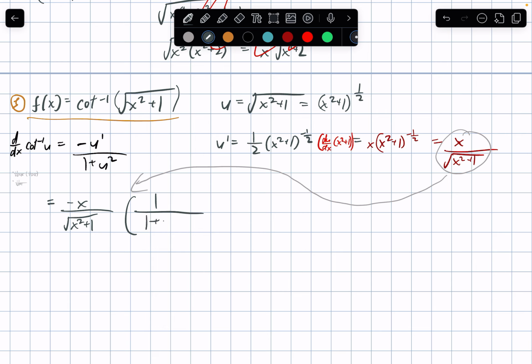So it's going to be 1 over 1 plus u raised to 2, such that u is (x squared plus 1) raised to 1/2, and then raised to 2 is going to be times 2. These will cancel. So let's bring it here. So far we have negative x over x squared plus 1 times x squared plus 2. Okay, so we just have these left.